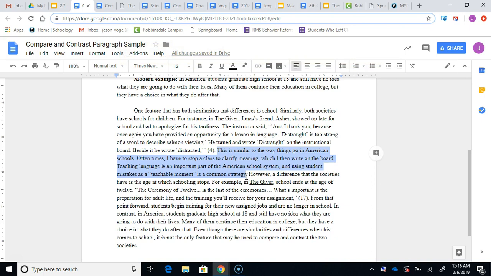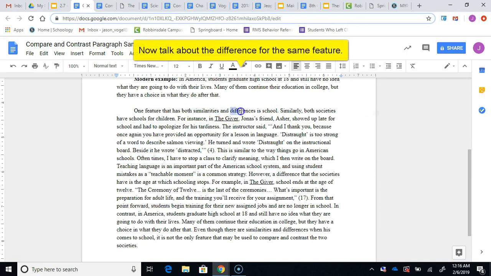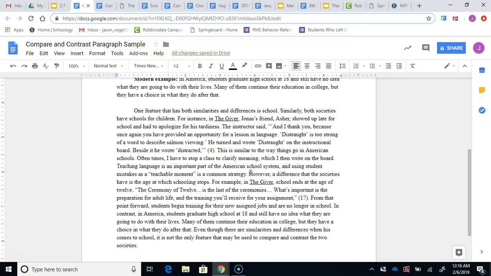But what I'm also doing, in addition to the similarities, as I said in my topic sentence, I'm also explaining the differences of this feature. So now I can go and talk about the differences in this book. First I'll let the reader know that I am going to now talk about the differences.